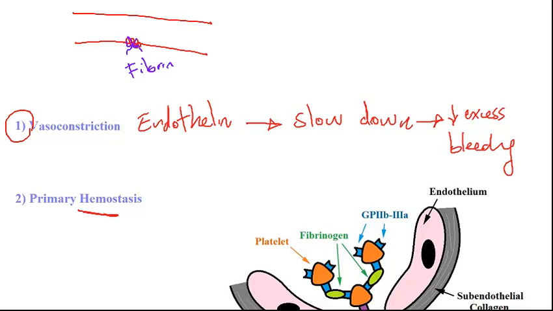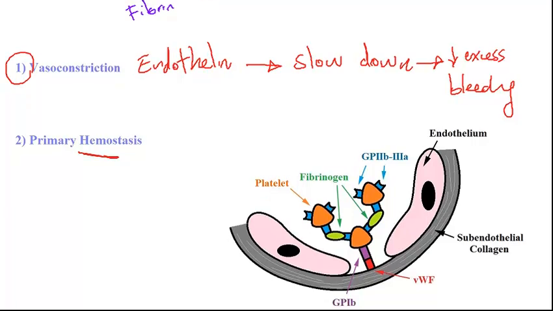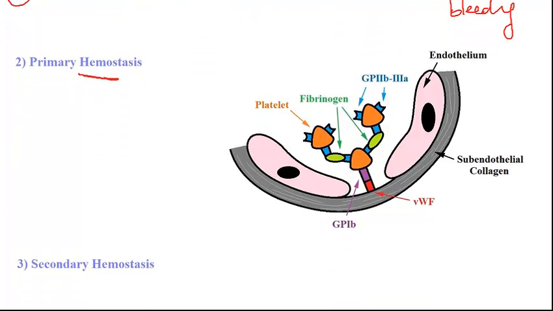So let's go over these mechanisms. We discussed vasoconstriction induced by release of endothelin. Then we have primary hemostasis, where the platelets will bind to the subendothelial collagen that has been exposed after damage to the endothelial cells.